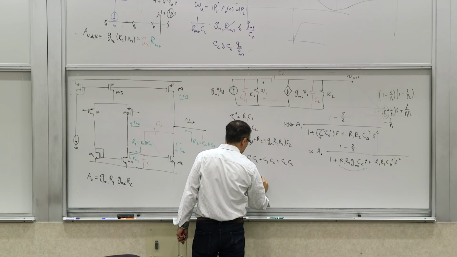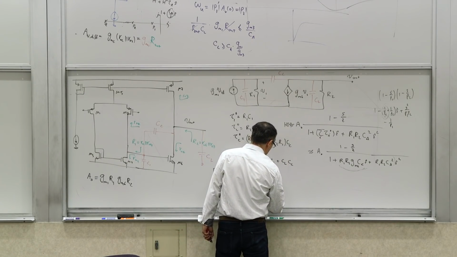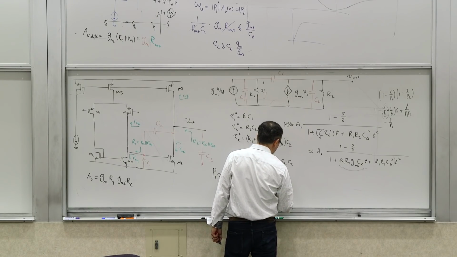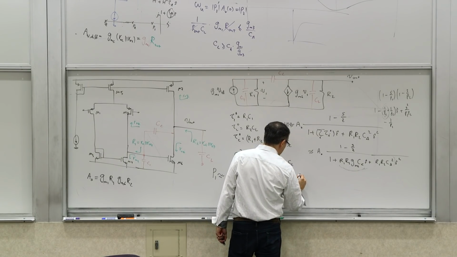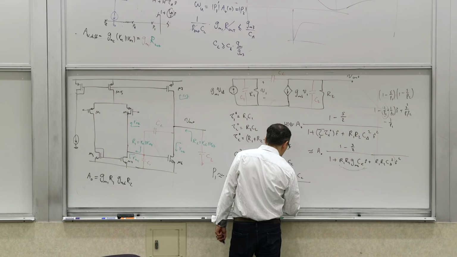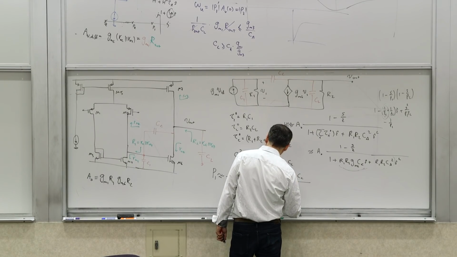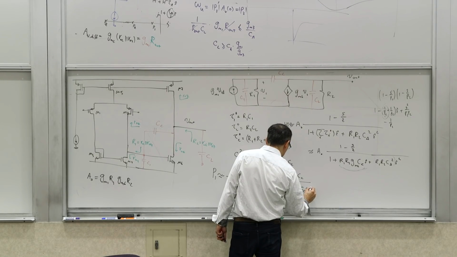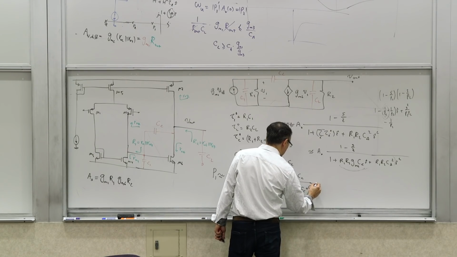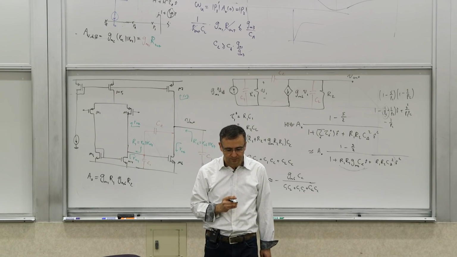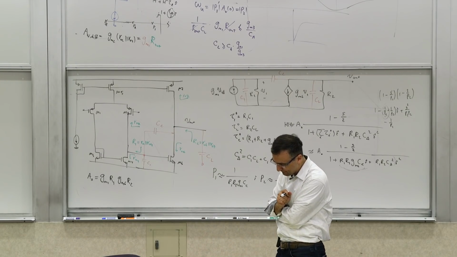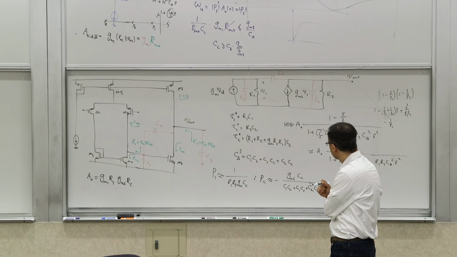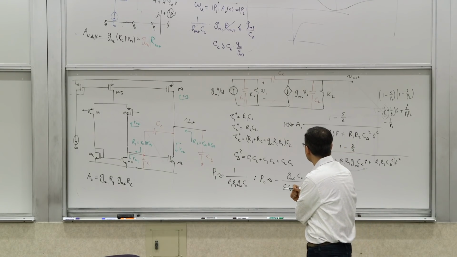And then you do that, you get basically what you get here for P2. Let me just write it here. So this is now an approximation because we're calculating it that way. It's GM6 CC divided by C1 times C delta squared, which is basically C1 CL plus C1 CC plus CL CC. So these are the 2 things you get.